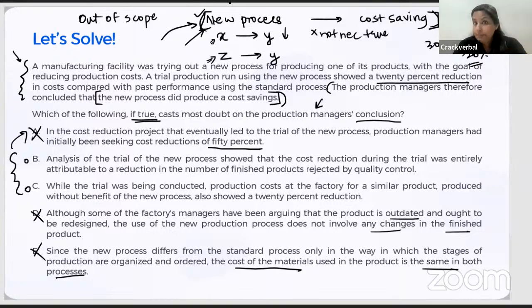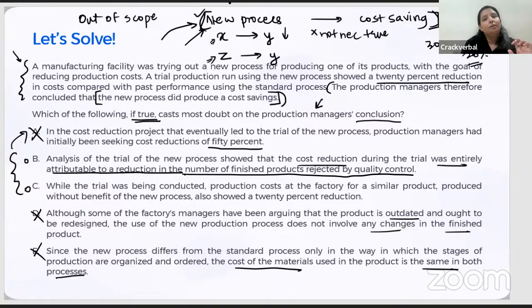Now B, while it seems to say that the number of finished products rejected by quality control is the reason, the analysis of the trial tells us that the cost reduction was entirely because of this. So they're telling us that there is some other reason for this, but if you look at the option carefully, it says analysis of the trial of the new process.